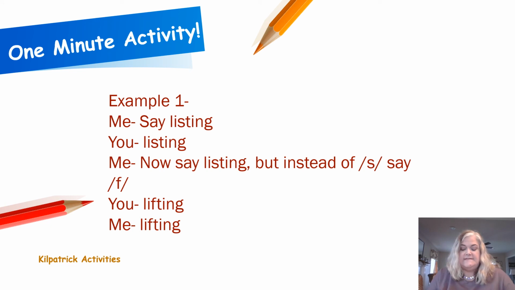Shovel. Say Casper. Now say Casper, but instead of s, say m. Camper. And lastly, say actor. Now say actor, but instead of c, say f. After. Very good.